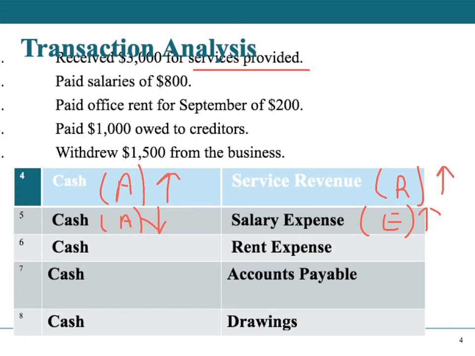The same thing again, paid office rent for September. If you compare those two, they're very much alike. How? You spend your assets, your cash, and you just had an increase in another type of expense, rent expense as well. And then next one, you paid $1,000 that you owed to creditors. If you go to transactions 2 and 3, we bought supplies on account and equipment on account.